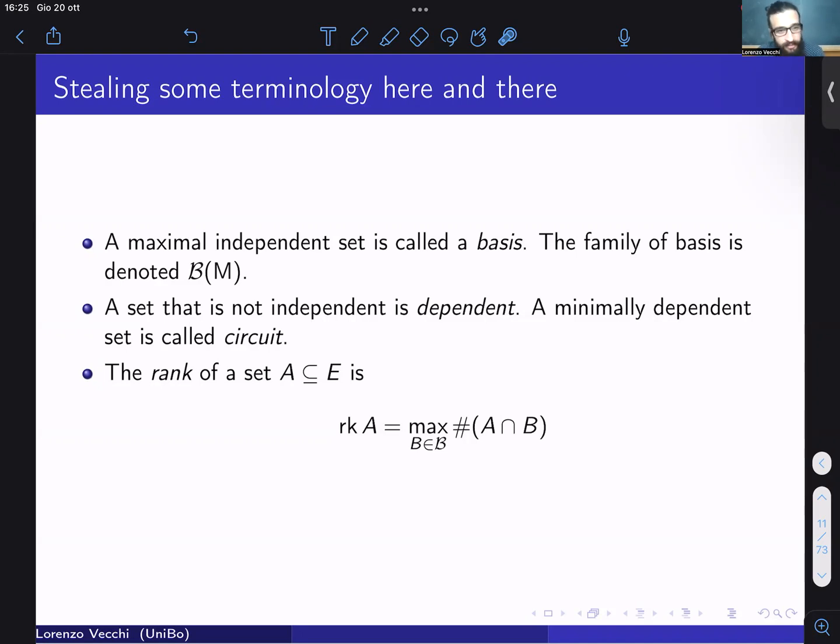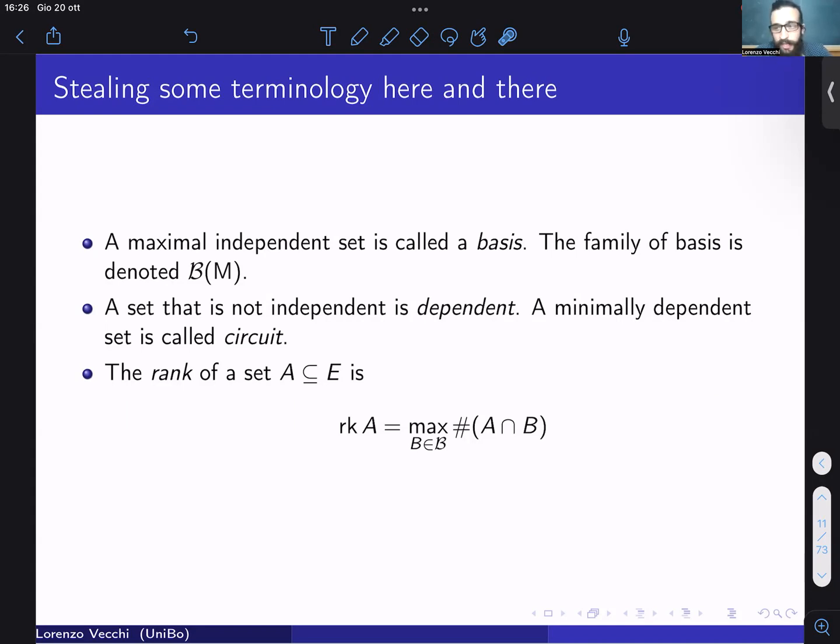I call a maximal independent set a basis, and this of course comes from linear algebra. Then a set that is not independent will be called dependent. And then a minimally dependent set is called a circuit. And this term circuit comes from graph theory. In fact, in a matroid coming from a graph, circuits coincide with the cycles of the graph.